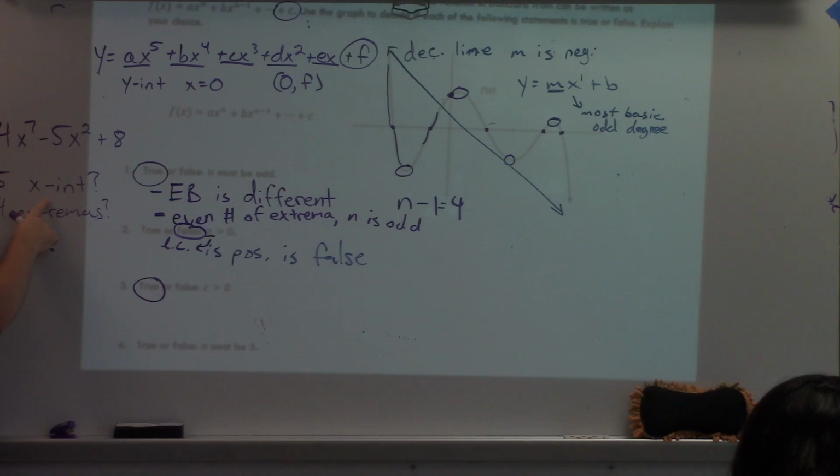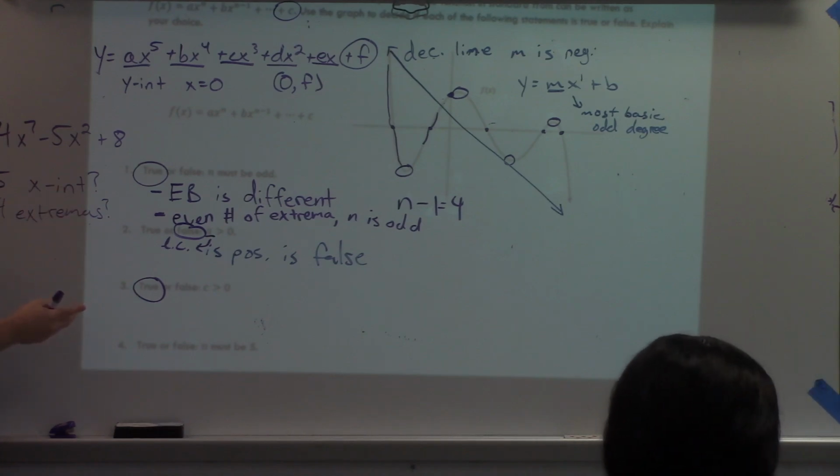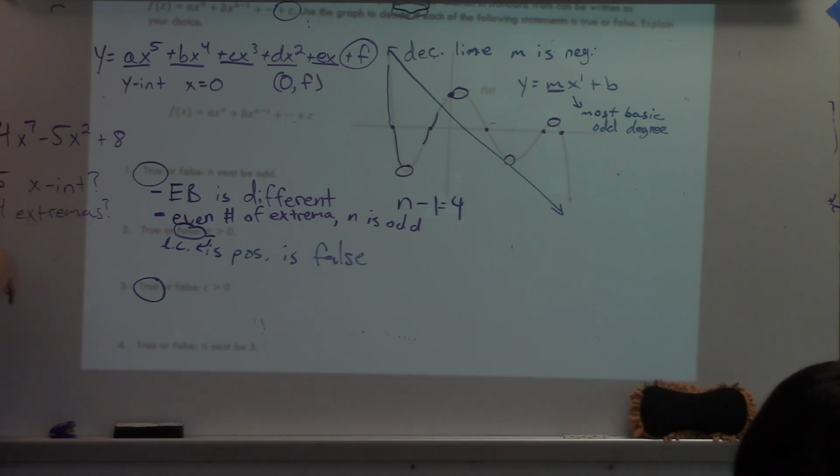Because 2 of the zeros would be imaginary. So I heard someone say there's no double roots, Tyler, right? And I definitely don't see any double roots, but could there be triple roots? Yeah. Could there be imaginary roots that we just don't see? Yeah. Could this degree have 4 extrema?